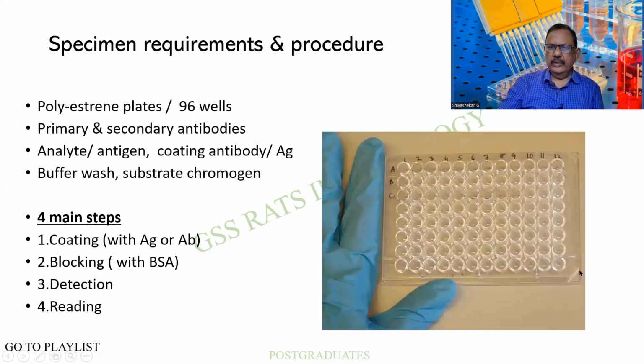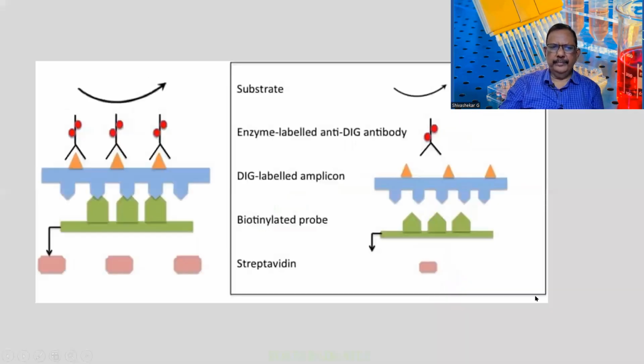We look at this one, a number of wells, 12 into 12, maybe 144, or 12 into 8 can be leading to 96. 96 wells are over here. See, this is what is happening. So streptavidin is supposed to be a binding material. Then there is a probe, and you find that there can be a labeled antibody.